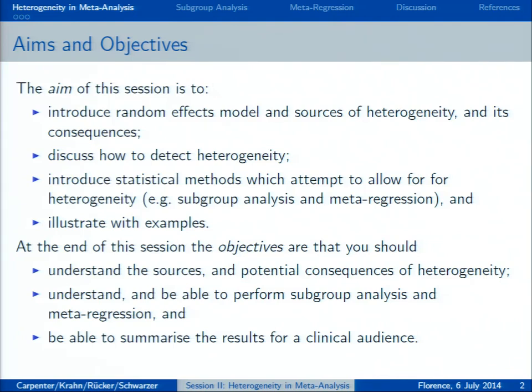And we'll talk about how to detect it, and we'll talk about some statistical methods for actually trying to understand and explain sources of heterogeneity. And then in the practical, we'll see how we can very nicely and easily extend some of the analysis we did this morning in R to perform these additional analyses to investigate and understand heterogeneity.